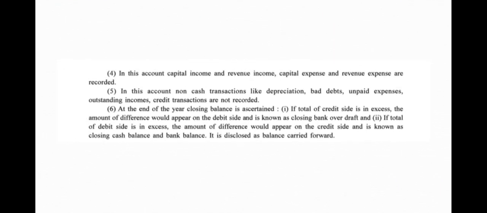In this account, capital income, revenue income, capital expenses and revenue expenses are recorded. So whatever incomes or expenses there are, all are recorded without classifying them as revenue or capital. In this account, non-cash transactions like depreciation, bad debts, unpaid expenses, outstanding income, prepaid expenses and credit transactions are not recorded.